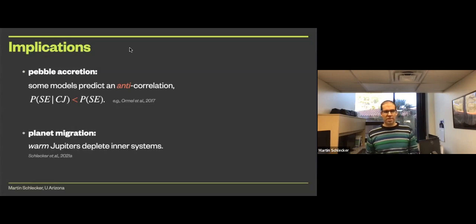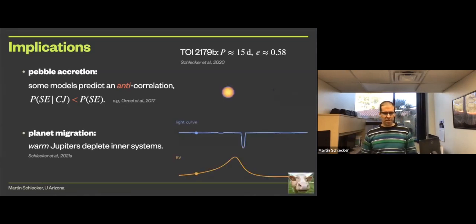Another aspect relates to planet migration. As we've seen before, outer giants and inner super Earths do form together whenever the conditions are right globally in the disk. And where super Earths are missing, these systems are usually destroyed by dynamically active giants that migrated inwards and became warm Jupiters. One typical observed example of this is TOI 2179b.